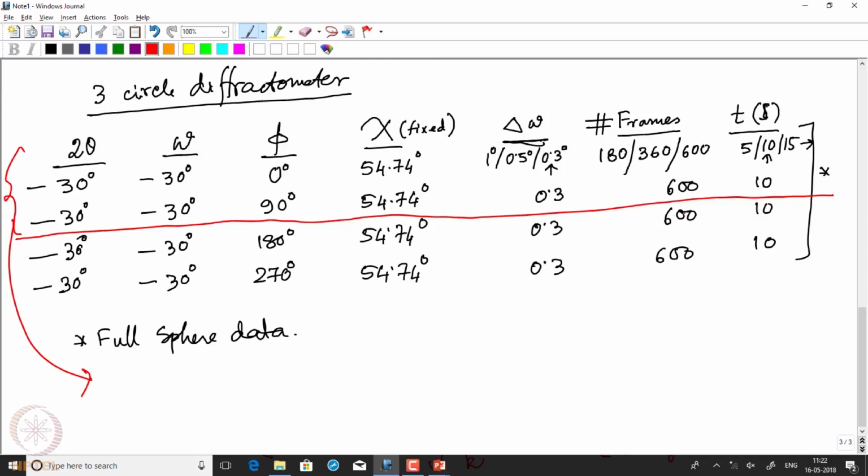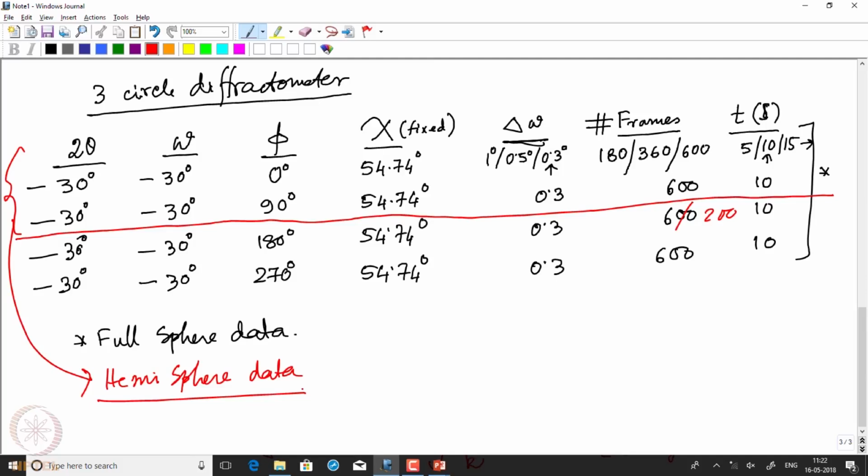We may have to record about another 200 frames here to correspond to the hemisphere data, depending on the size of the detector that we have on that particular diffractometer.